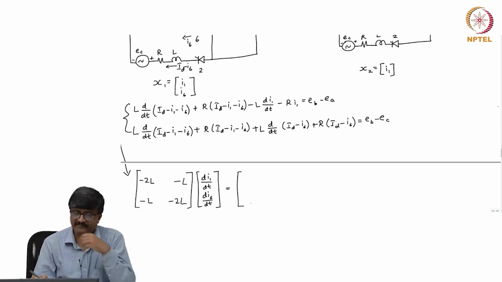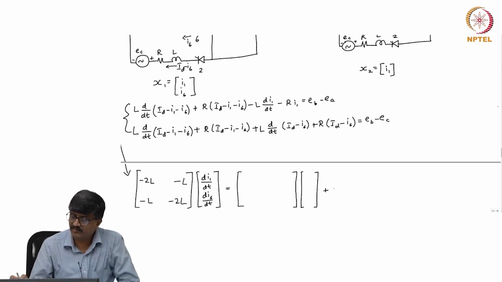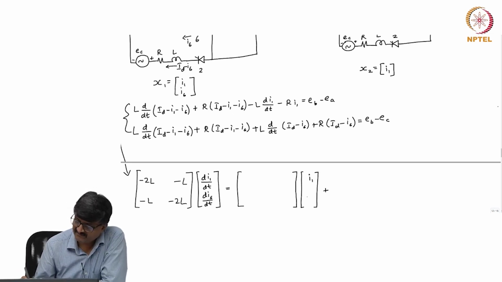What do I get? The remaining terms I will split into two categories: those which involve the state variables I1 and I6, and those which do not involve I1 and I6.